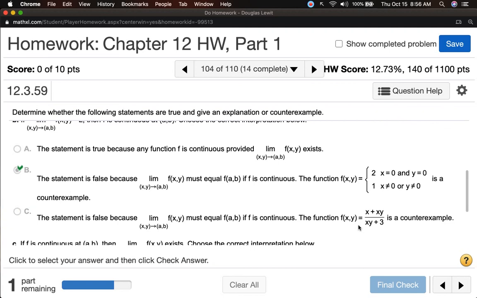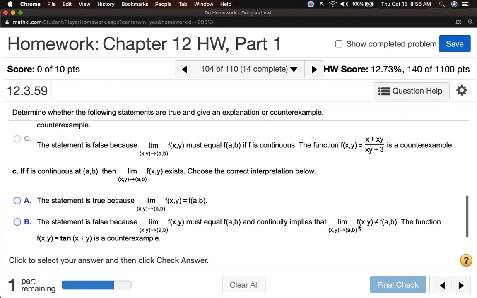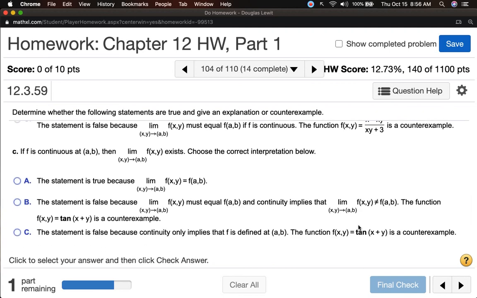Okay, determine. Oh, I see. This problem has part C. This is definitely a multi-parter. If f is continuous at the point a, b, then the limit as x and y go to a and b of f of x and y exists.